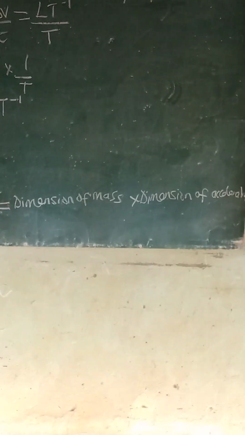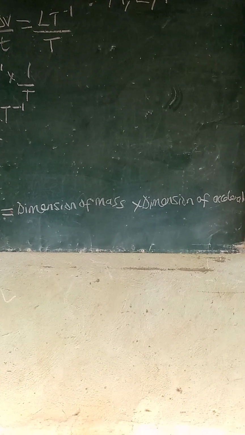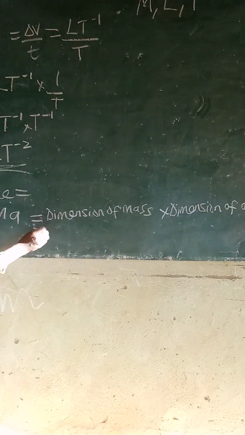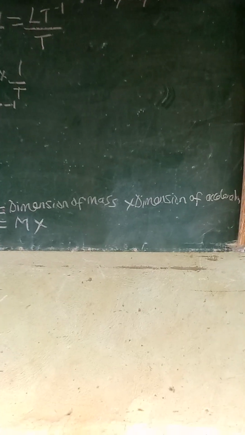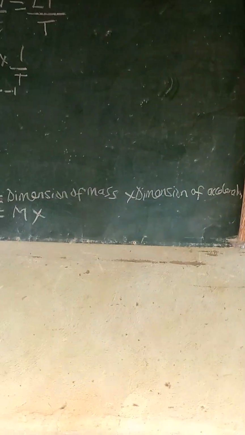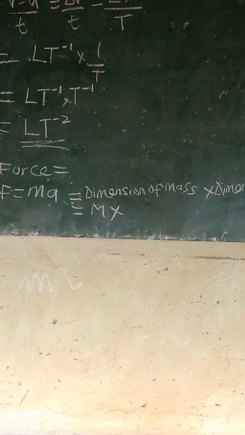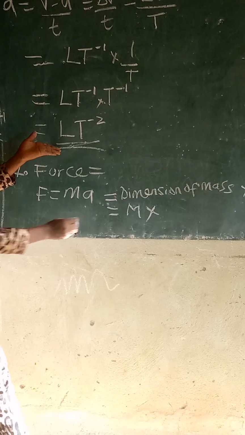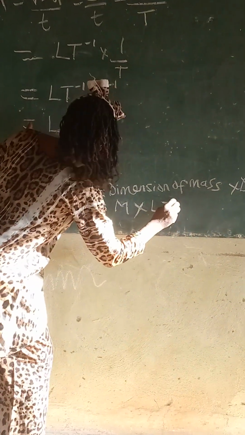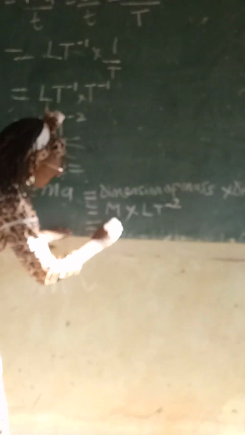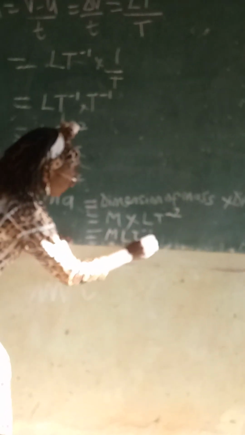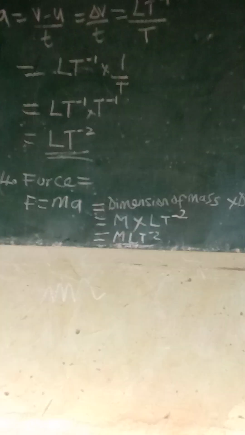The dimension of mass is simply capital letter M. Since we have done the dimension for acceleration, there's no need solving all over again. I already have it here as LT minus 2. So the dimension is MLT minus 2.